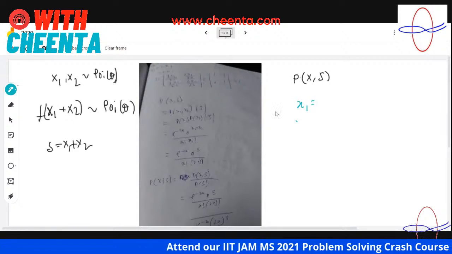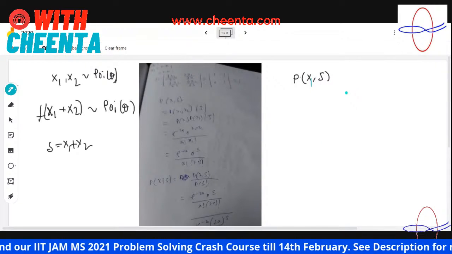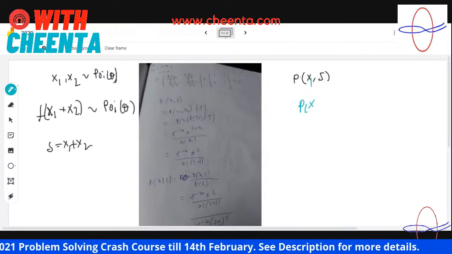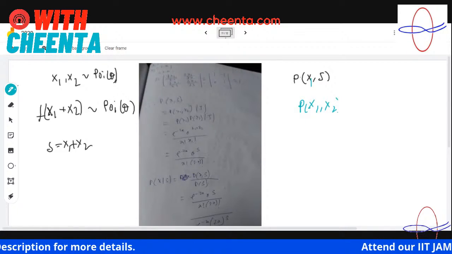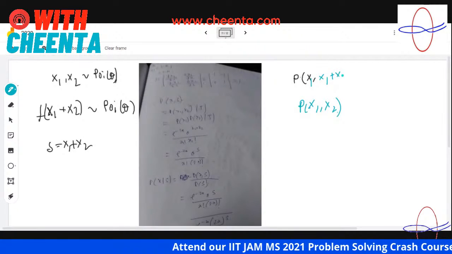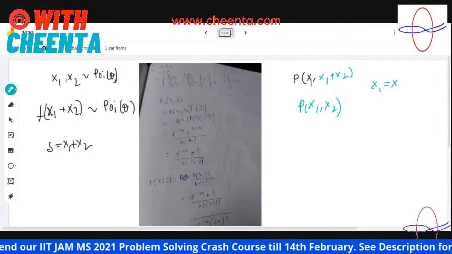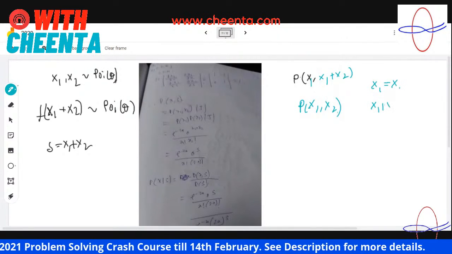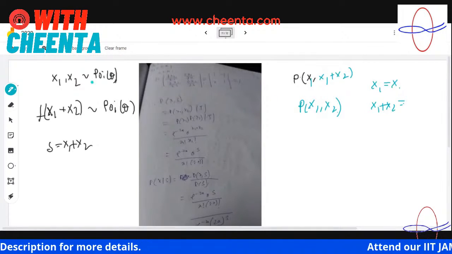To understand, he was doing the probability of x1 comma S. We want to get x1 comma x2, so from x1 and S we want to go to x1 comma x2. So x1 is x1 and x1 plus x2 is equal to x1 plus x2. If it is considered u comma v, then v is equal to x1 plus x2.